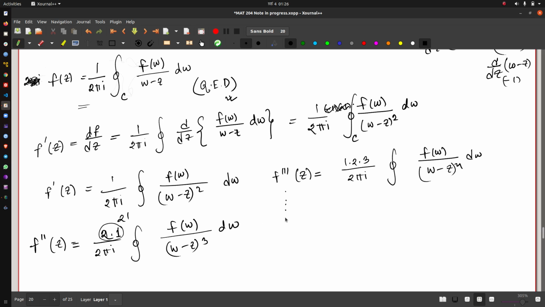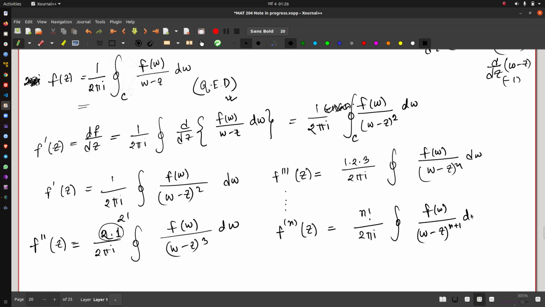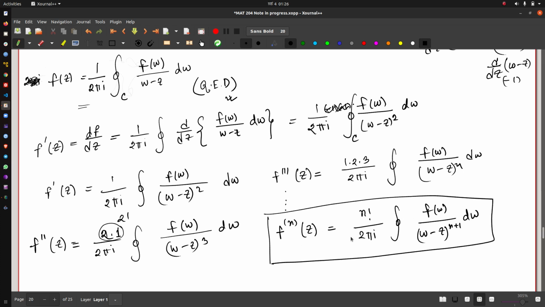So if you continue this n times, then this would be the nth derivative, and you will have n factorial by 2 pi i, contour integral of f of w over (w minus z)^(n plus 1) dw. This is another useful formula that comes from Cauchy's integral formula.